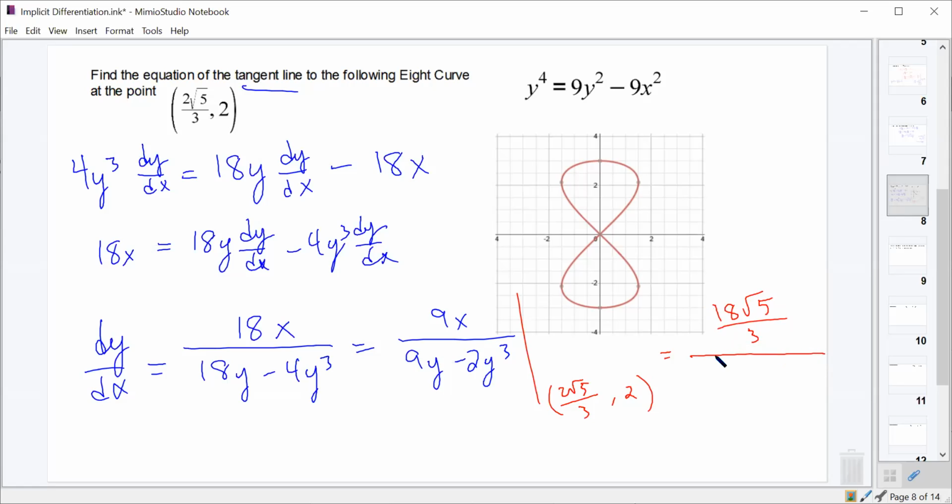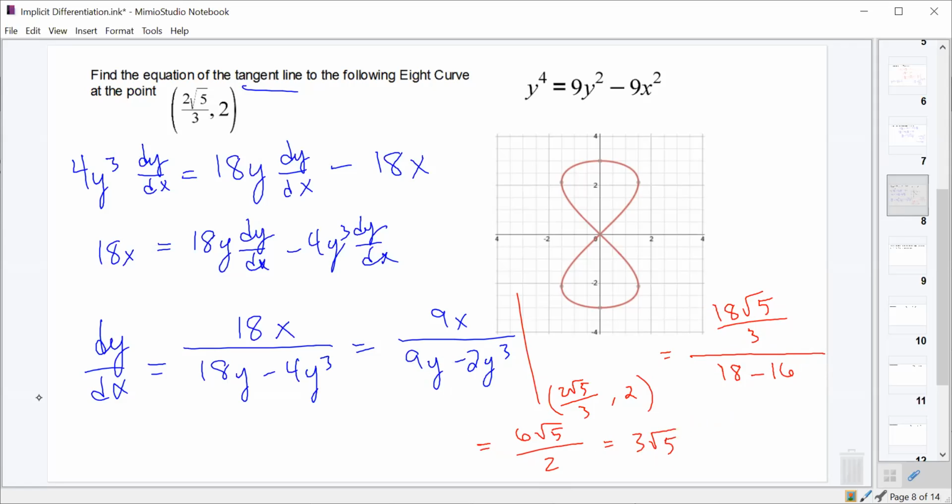And our denominator is going to become what? 18 minus 16. So we've got 18 over 3, which is 6 root 5. 6 root 5 over 2, which is 3 root 5.